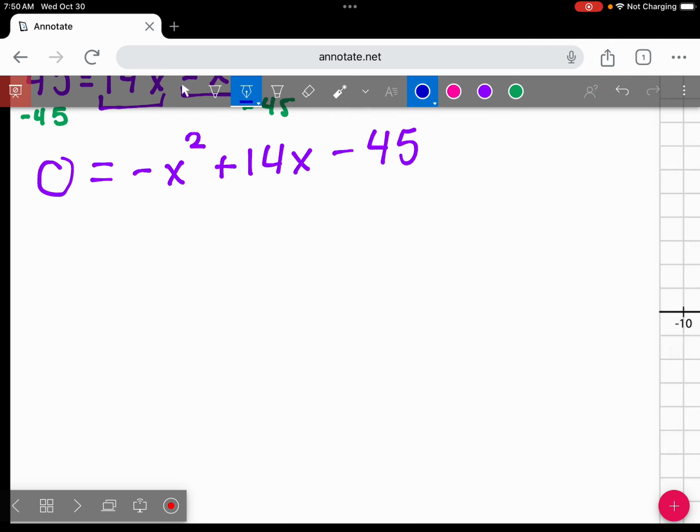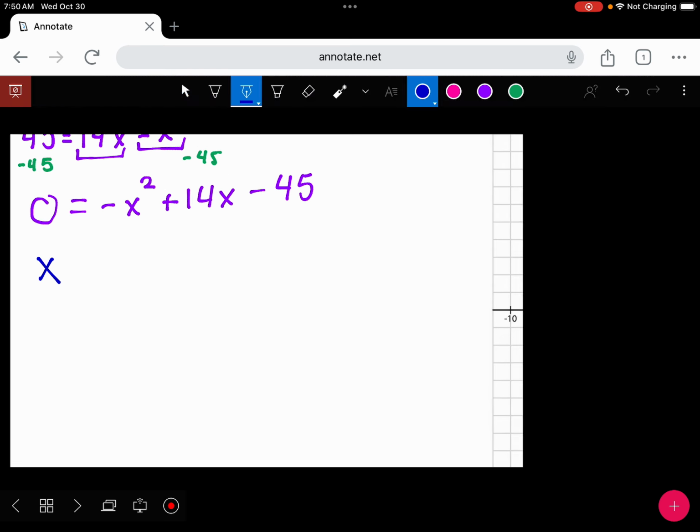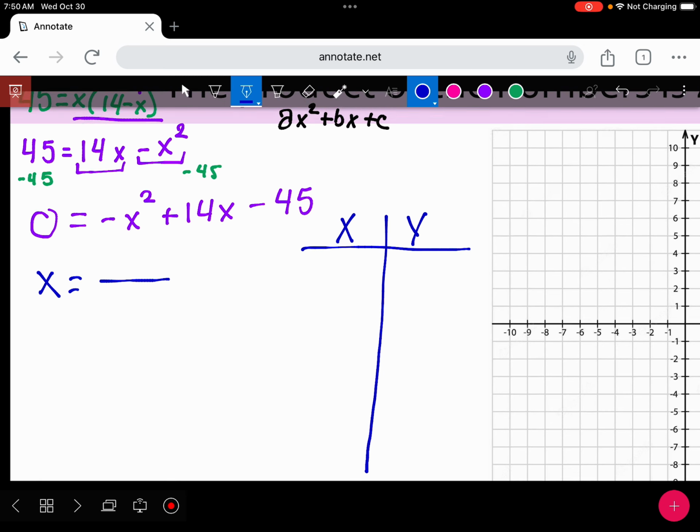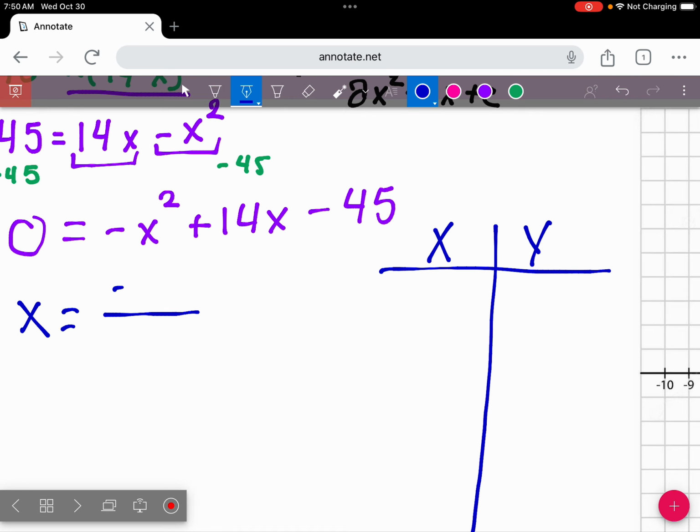So where is our axis of symmetry? That's going to be the first thing we want, to solve this by graphing. Where are we going to put the middle of our parabola? Negative 14 over negative 2, also known as, what is negative 14 divided by negative 2? 7.